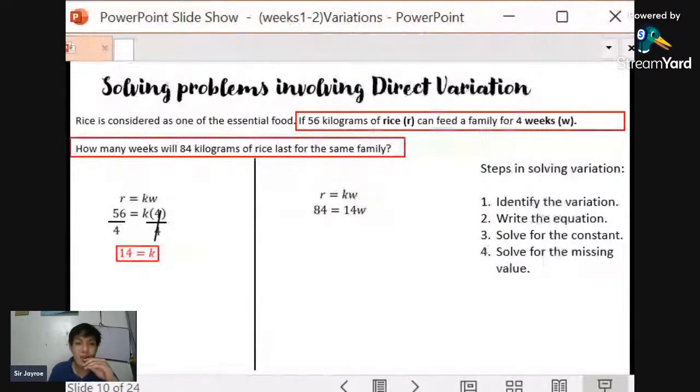Ilang kilo or ilang weeks ang itatagal ng 84 kilograms of rice dun sa family? Si Heminos, kompleto. The 84 kilograms of rice last for the same family in 6 weeks. Tama. So that is 6 weeks.